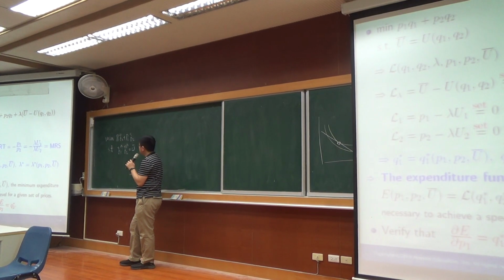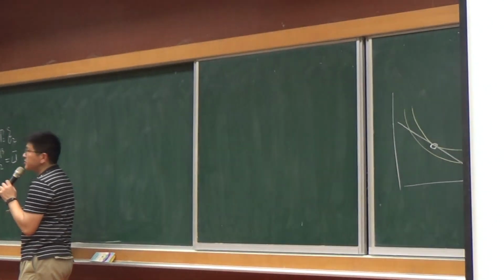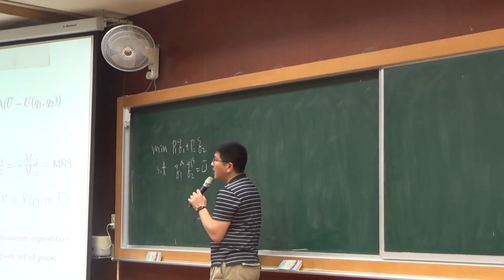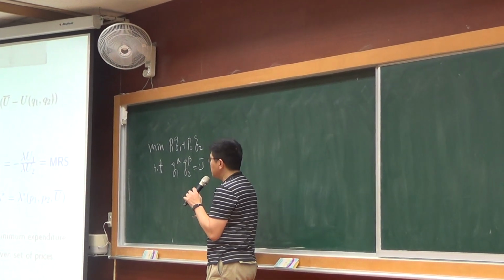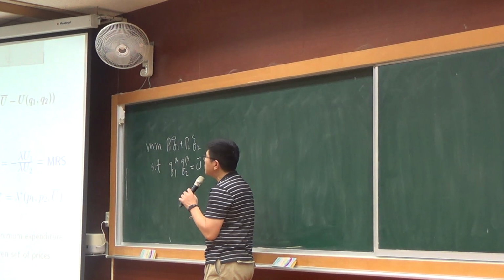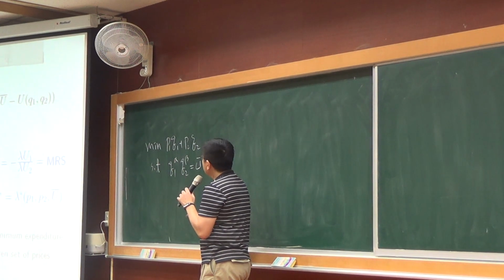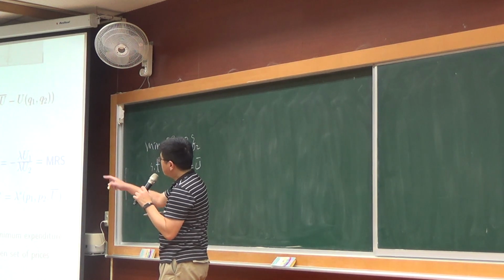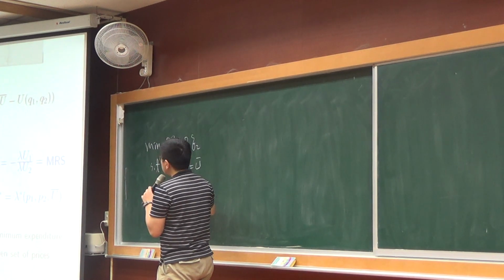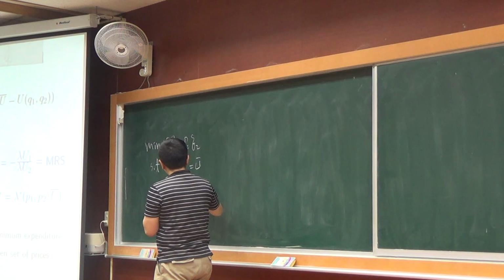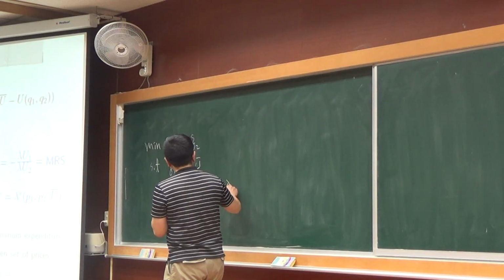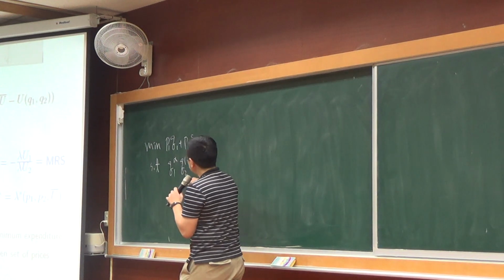Expenditure minimization problem. Given the utility function u(Q1, Q2) equals u bar, the utility requirement we have to achieve. Given the first order conditions, Lagrange 1 would be P1 minus lambda U1. What would U1 be?